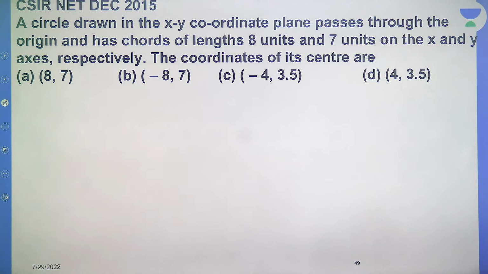C option, D option, I can see. Let's see which is correct.